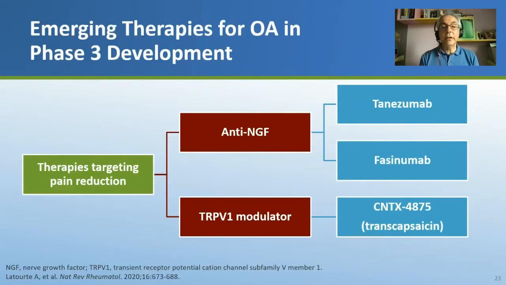But even by acting on pain only, this could delay a total joint replacement, because the main reason why the patient goes to see the surgeon is the pain. So if we decrease the level of pain, even if there is no structural effect, this may have an important impact.